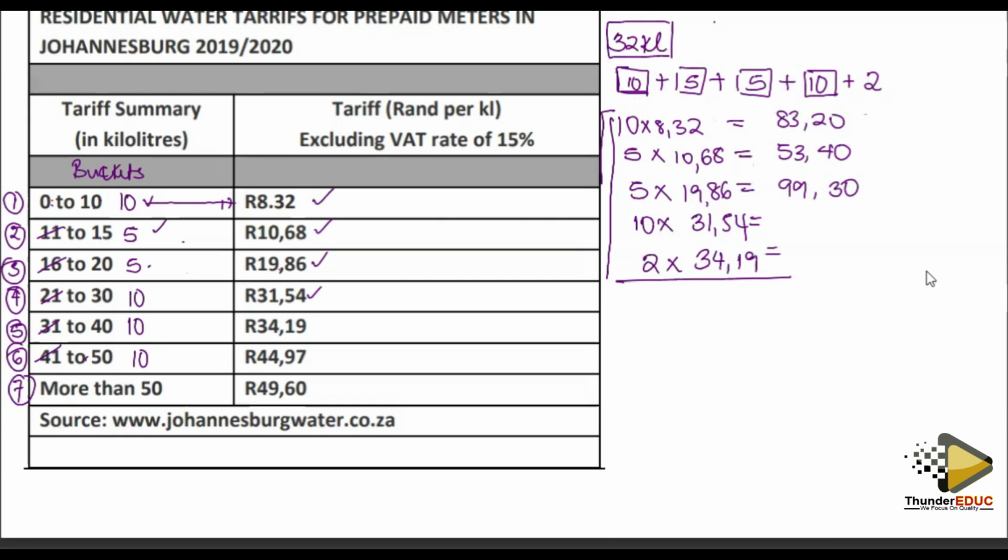We come to this, which is 10 times 31,54, 315 rands, 40 cents. And we take the 2 times 34,19. We end up having the answer as 68.38. So now at this moment, we add all that we have.